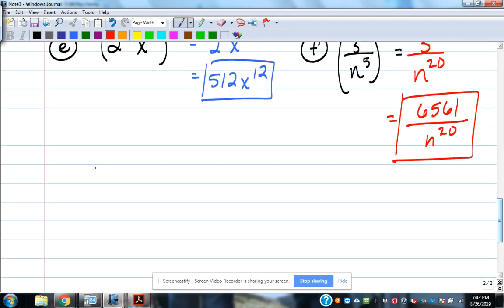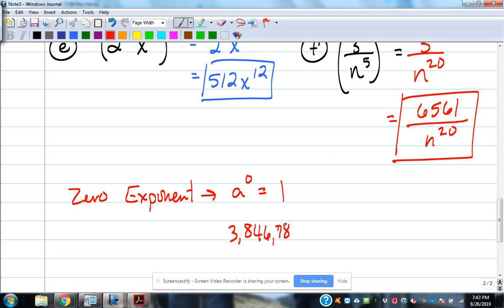There's one exponent rule that we did not talk about. It's the 0 exponent. Anything to the 0 power equals 1. By definition, anything to the 0 power equals 1. 3,846,784,401 raised to the 0 power, still 1.